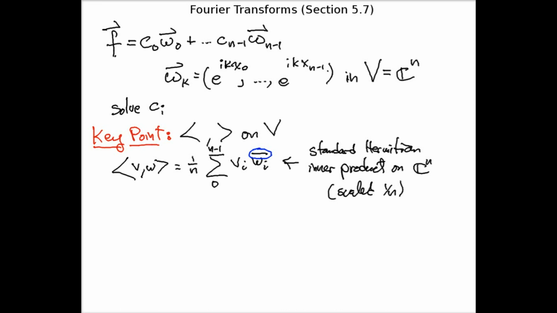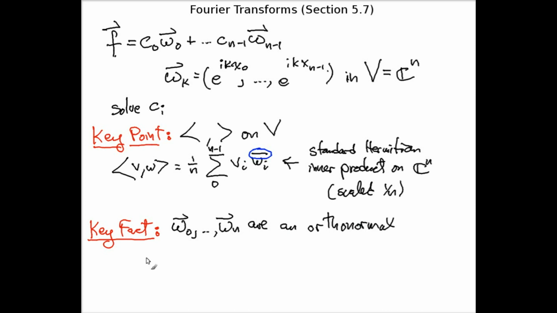And the key fact, which goes along with the key point, I guess, is the following: that the vectors omega 0 up to omega n minus 1 are an orthonormal basis of V with respect to this inner product.